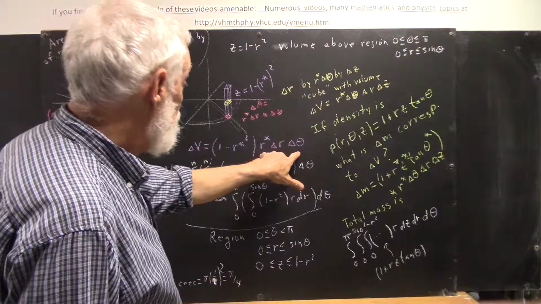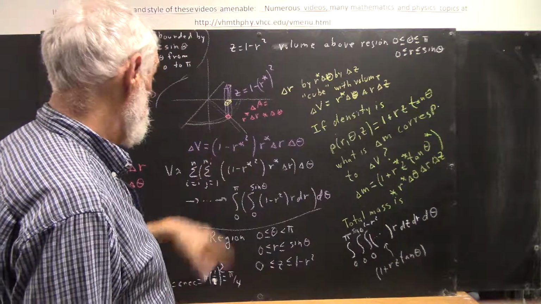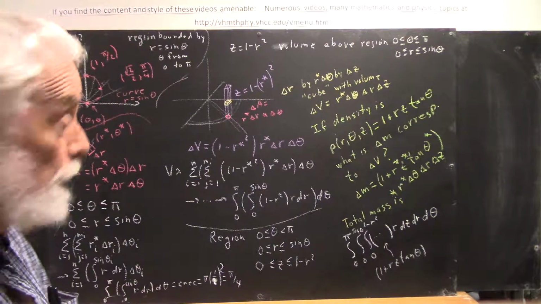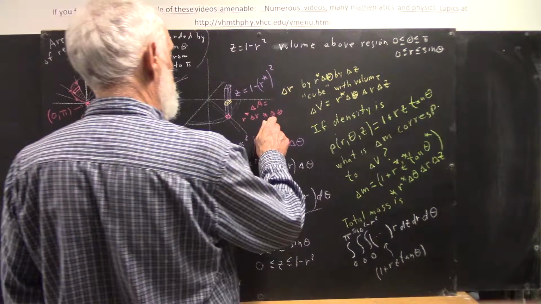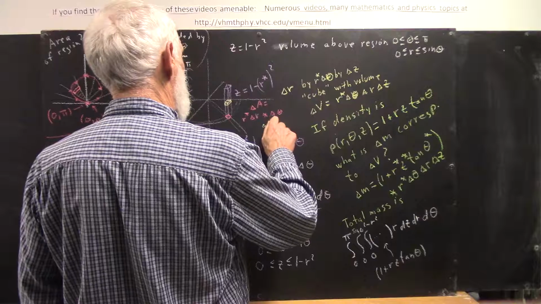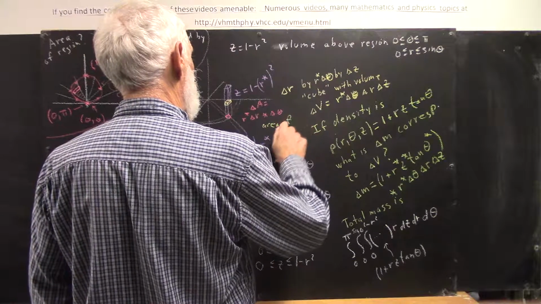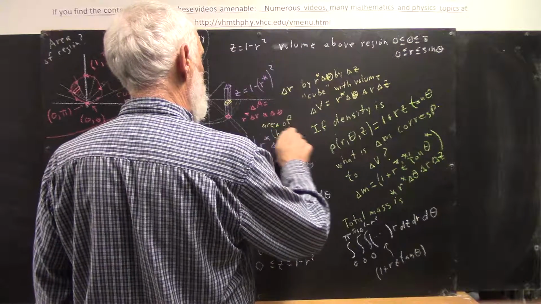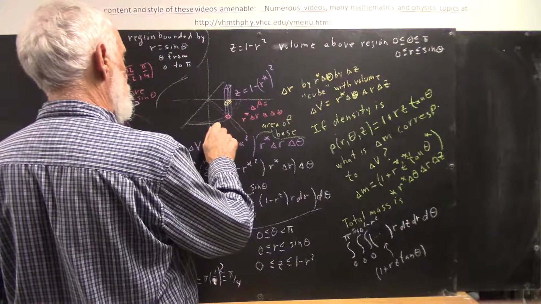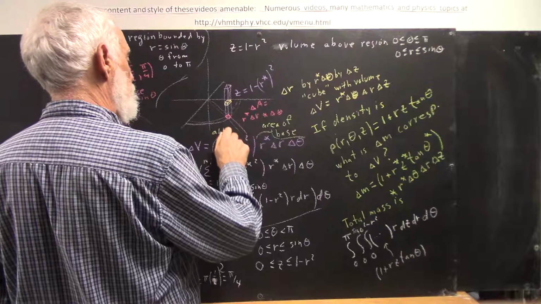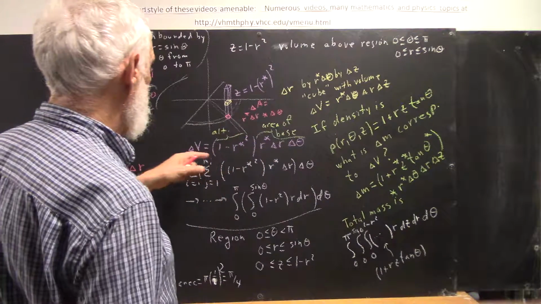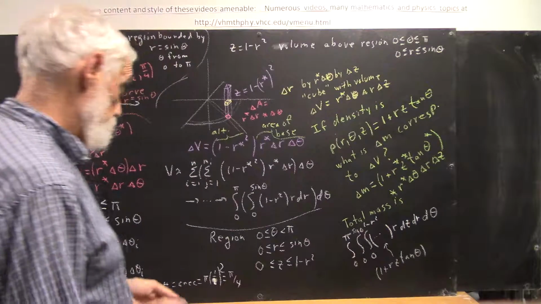That's area of the base here, altitude here. And maybe that's worth actually writing down. Area of the base times altitude is your volume.